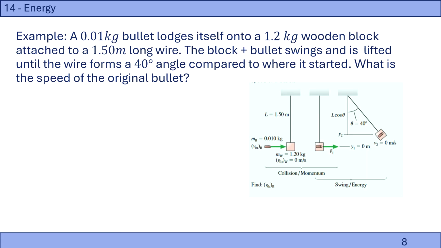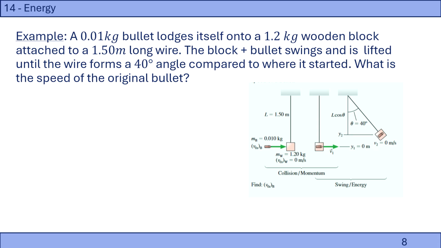So let's try a problem that may seem very daunting at first glance, but if we break it apart, each little individual piece is not that crazy of a problem to solve. We have a 0.01 kilogram bullet.